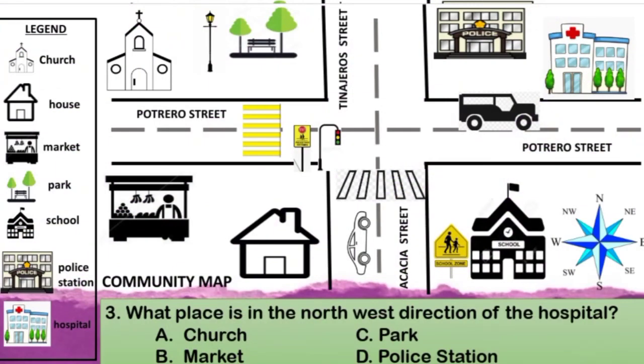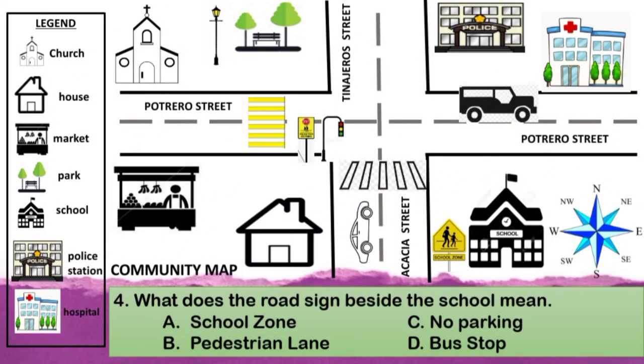Number 3. What place is in the northwest direction of the hospital? A. Church. B. Market. C. Park. D. Police station. Number 4. What does the road sign beside the school mean? A. School zone. B. Pedestrian lane.